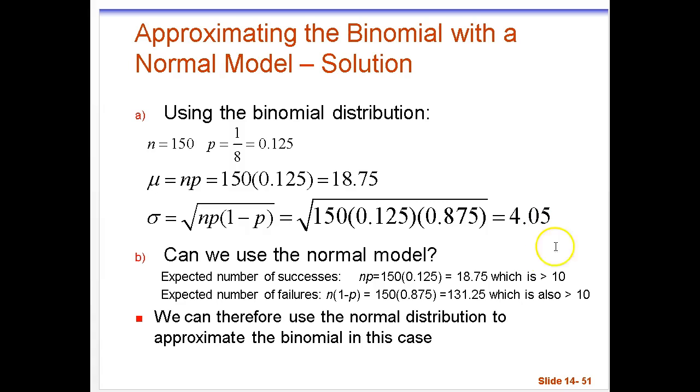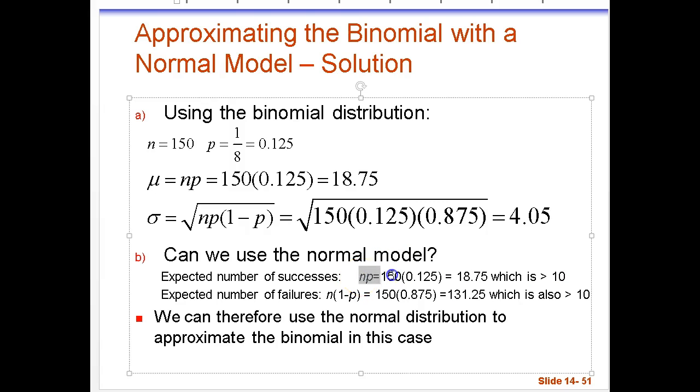Okay, part B of the question, can we use the normal distribution instead of the binomial distribution? Well, you can, as long as the expected number of successes and failures are numbers that are at least equal to 10. So they're either equal to 10 or they're greater than 10. When I work this out, the expected number of frogs with the genetic trait is, of course, the mean of this distribution.